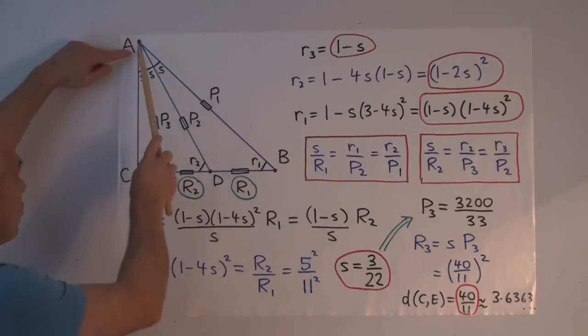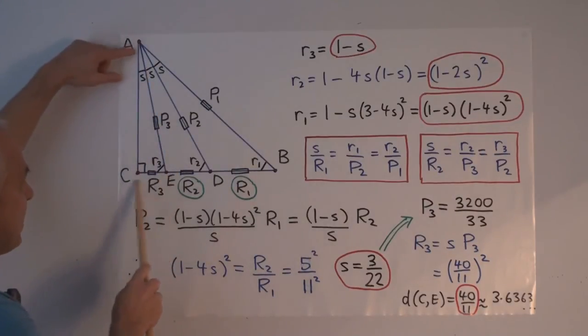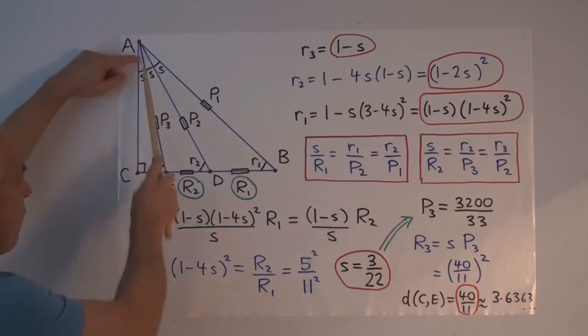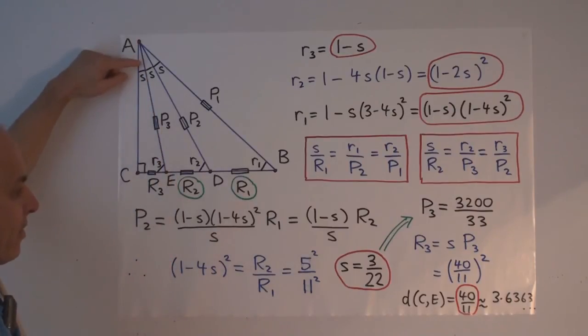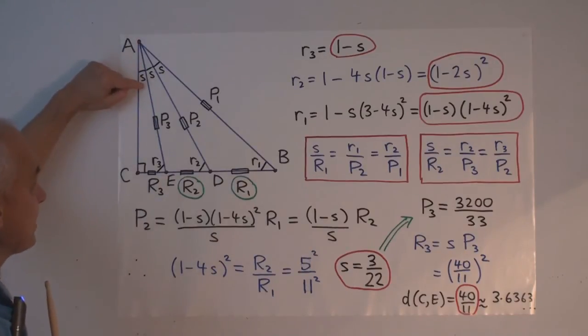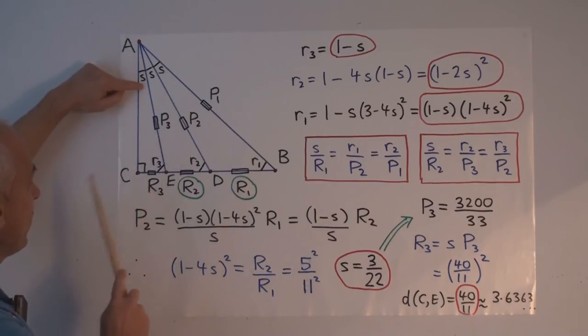And now in this triangle ACE, the skinny one, we have the quadrants P3 now. And so our quadrants R3, which is what we're interested in, is going to be S times P3, since that spread is opposite over hypotenuse quadrants. So R3 is going to be S times P3.